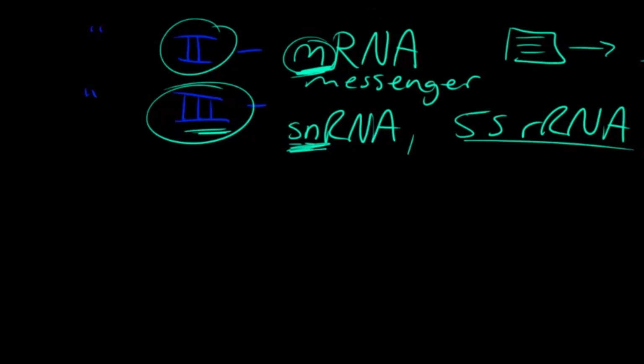Just remember that this is the process in eukaryotes only. Prokaryotes just have one polymerase that transcribes all three of these different RNA molecules.